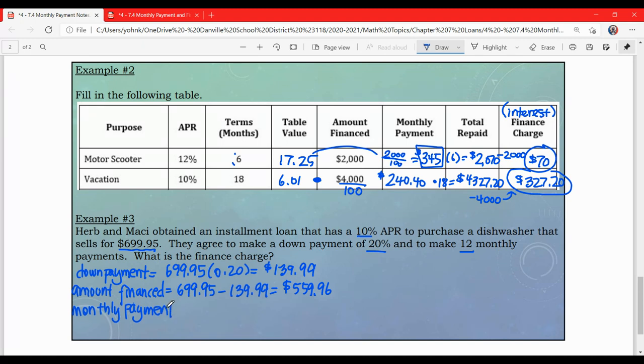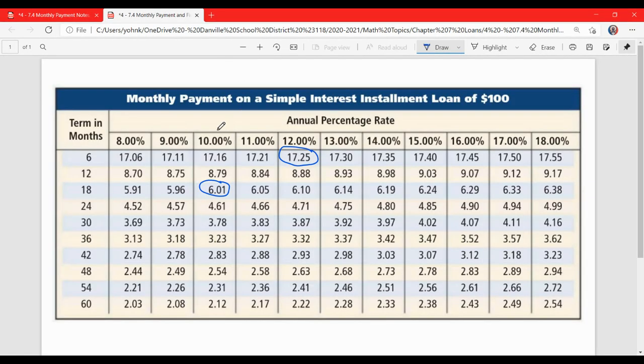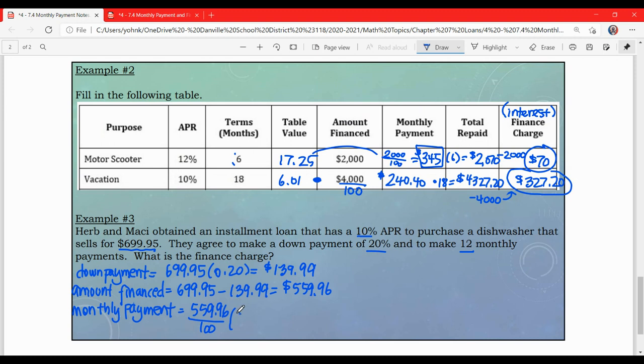The monthly payment is taking the amount financed, $559.96, dividing it by 100, and multiplying it by the table value. So the table value needs 10% APR with 12 months. 879 is the table value. So multiply by 879, and that's going to give you a monthly payment of $49.22.